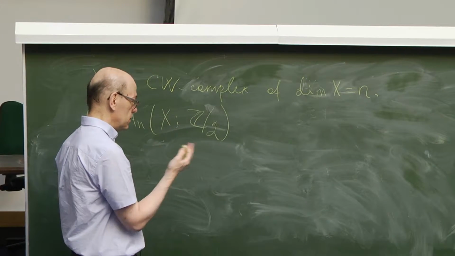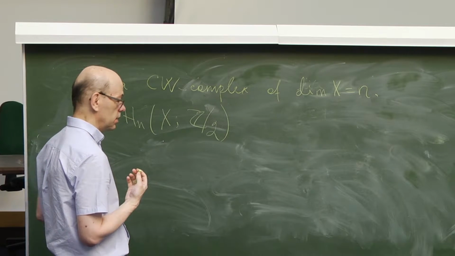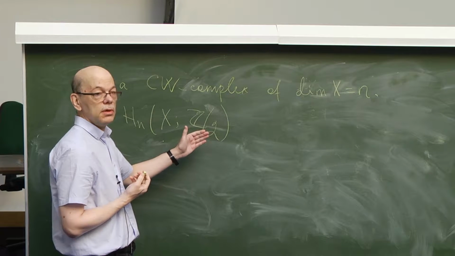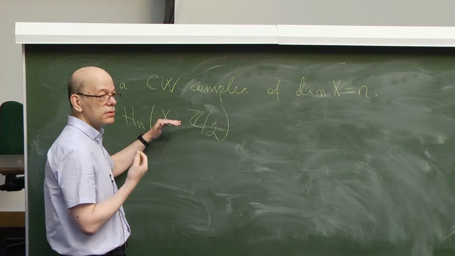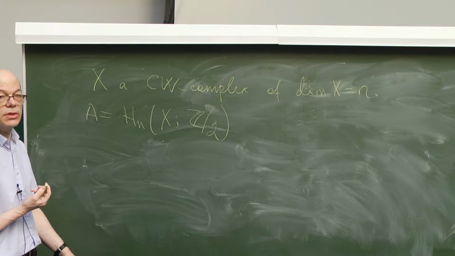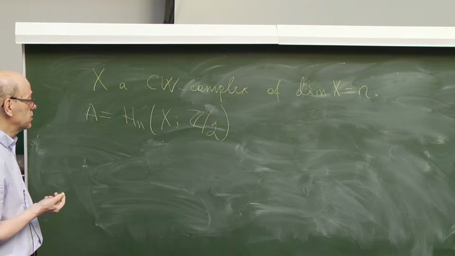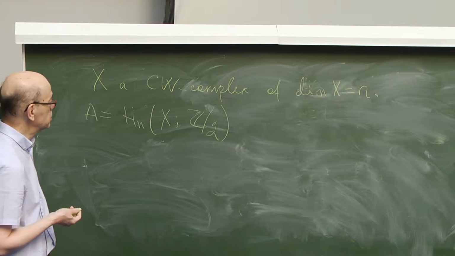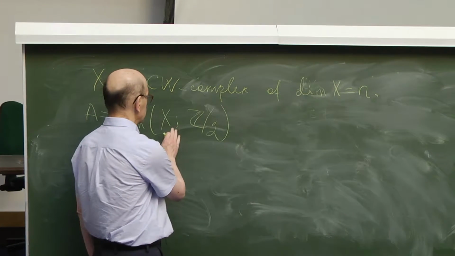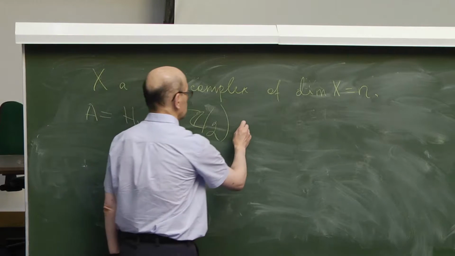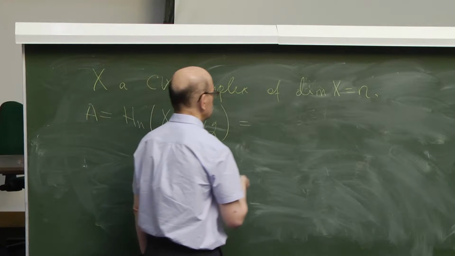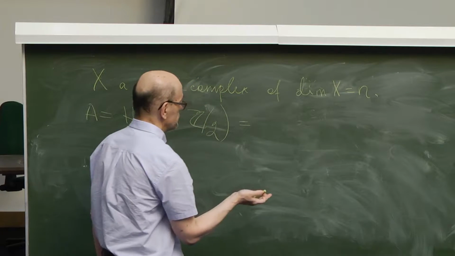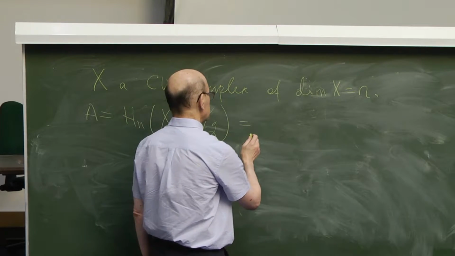My claim is that there is a natural partial order here, which makes it into an additive poset. So there is an additional structure here, namely the structure of an additive poset. Now how is it defined? It's defined very simply. Recall the cellular chain complex.